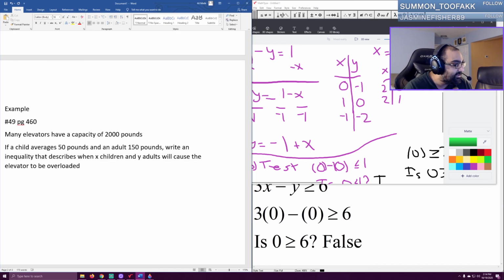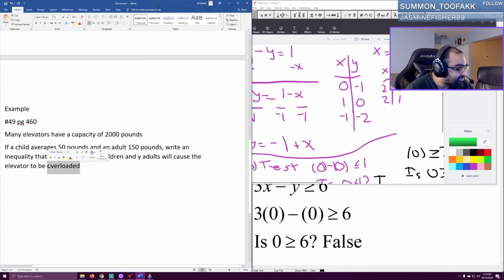All right. So if a child averages 50 pounds and an adult 150, write an inequality that describes when x children and y adults cause the elevator to be overloaded. Okay, so let's think of it this way. The key word here, just to let you know, is the word overloaded.